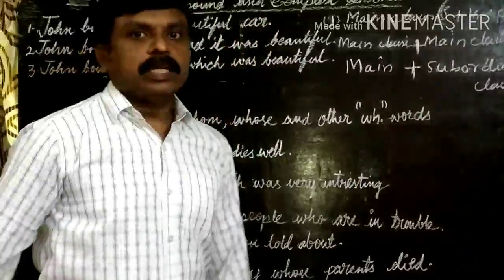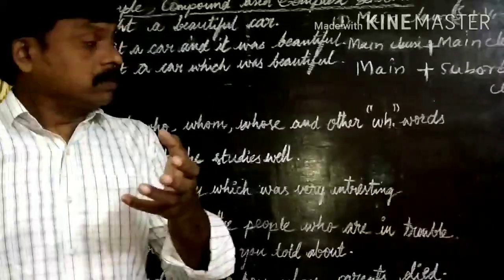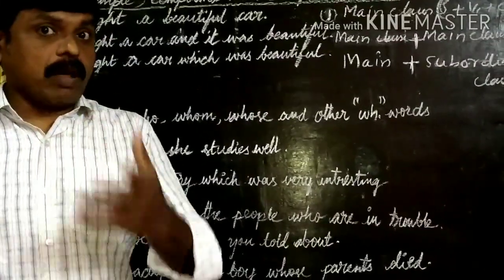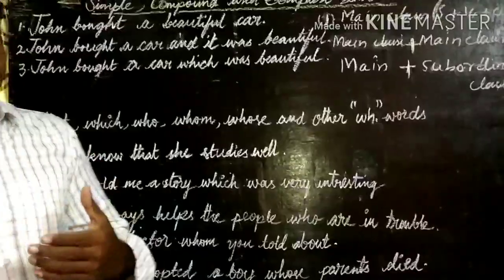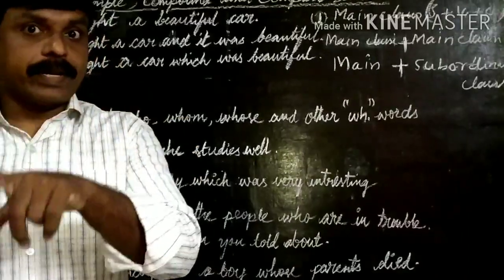You know very well what a main clause is; we have already learnt about clauses. What is a clause? How many clauses are there? You know, there are two types of clauses, main clause and subordinate clause.